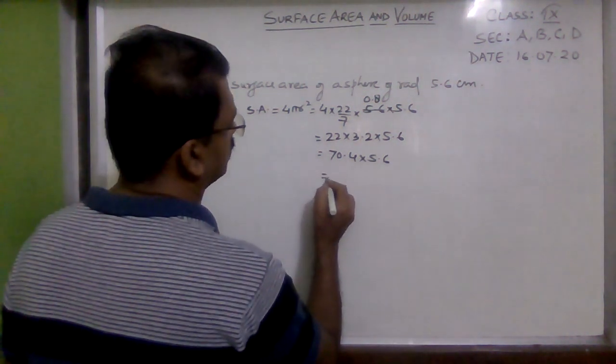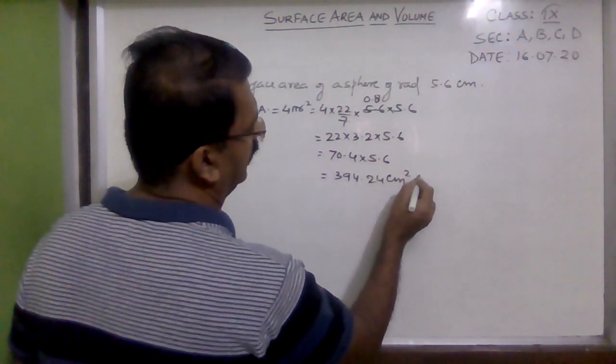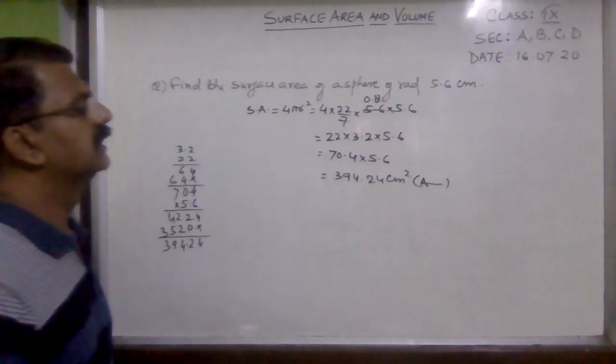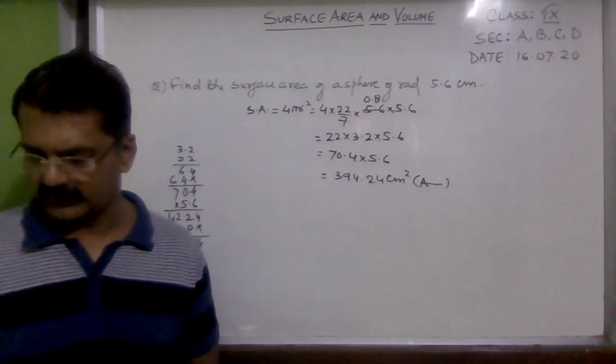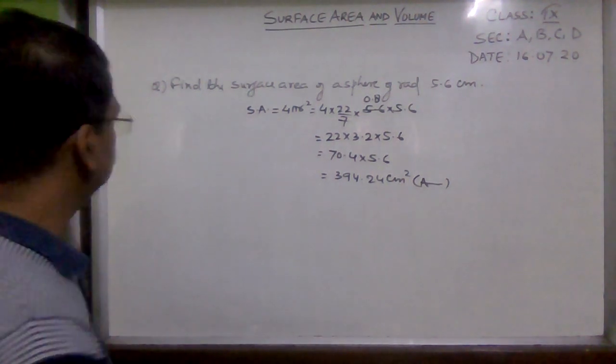It is 394.24 centimeter square, and that is your answer. 394.24 centimeter square. Clear? Next question.